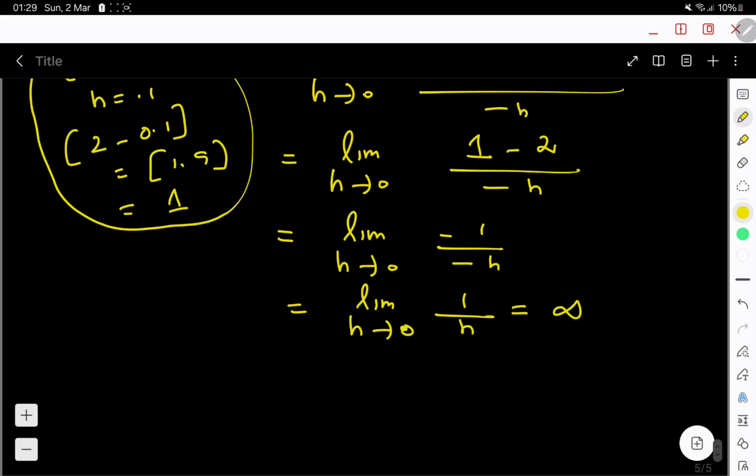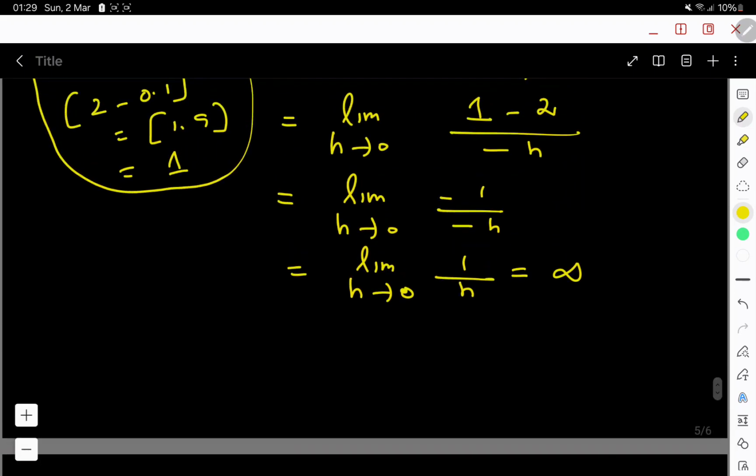Next write the right hand derivative value at x equal to 2.